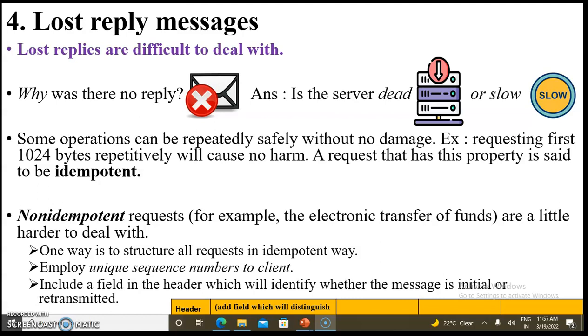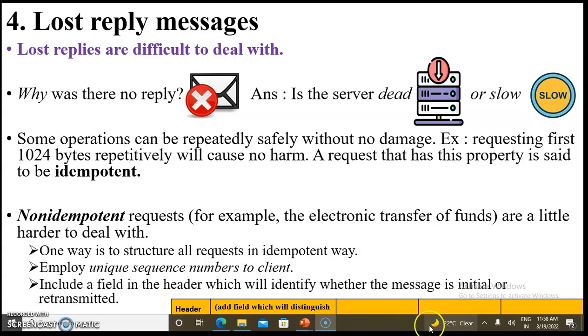Again the request for 1 lakh rupees was processed. Ideally only 1 lakh rupees was to be withdrawn, but because of the repetition it caused damage to the account, and 2 lakhs got withdrawn. So these are called non-idempotent requests: certain operations which, when performed repetitively, cause damage.